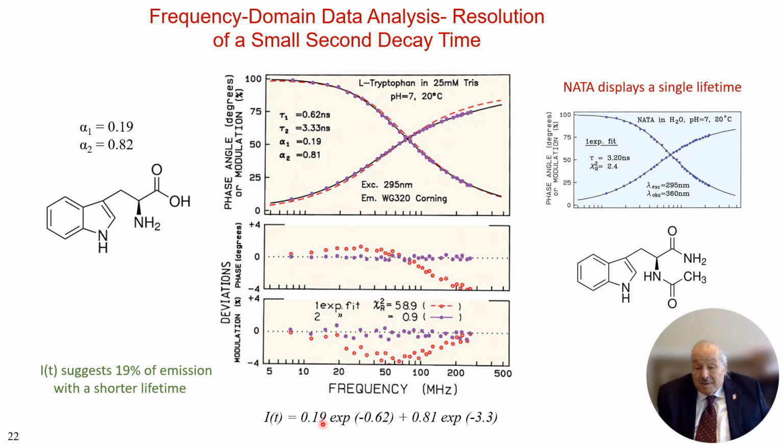Pre-exponential factors of something like 20% for a short decay time and 80% for a long decay time. I think this was not an important controversy because NATA, which is the way tryptophan exists in proteins, is a pure single exponential. But let's not get confused by these pre-exponential factors.